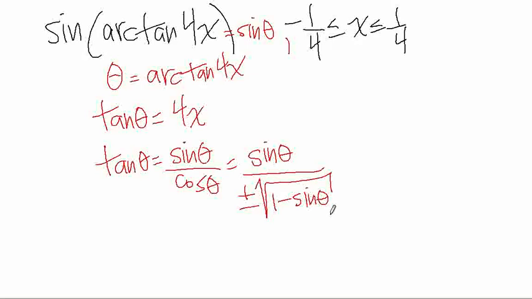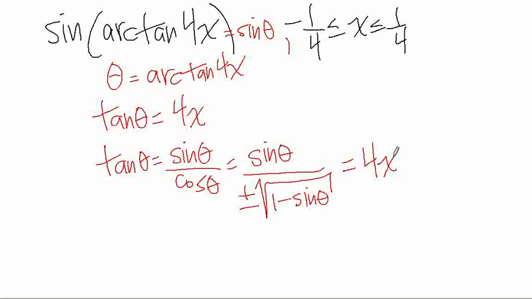Let's postpone that determination for right now, and let's do this first. Let's set this equal to 4x because the tangent of theta is 4x, and then let's do the algebra to solve for the sine of theta. So square both sides and try to isolate the sine of theta.